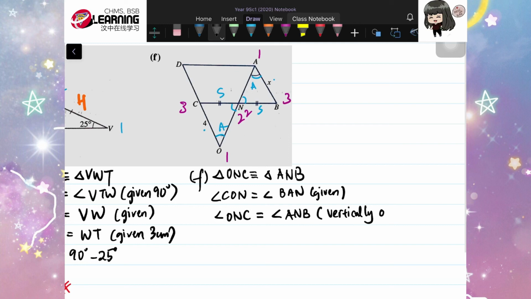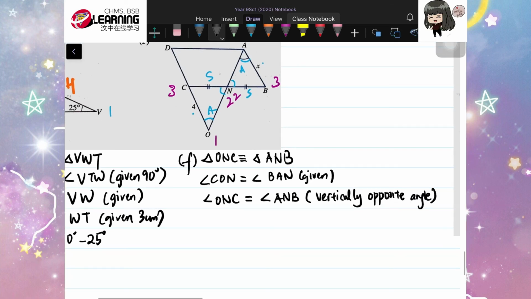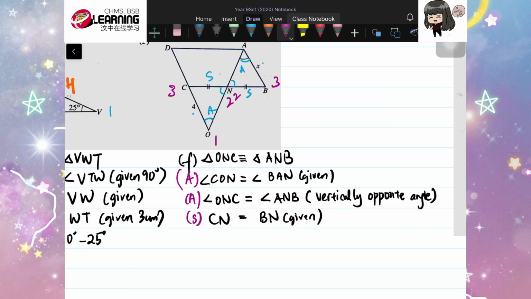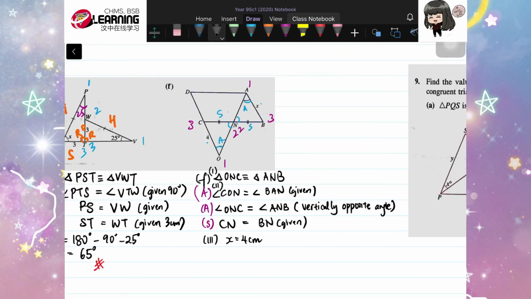Reason is vertically opposite angles. Okay, and then the last one is CN equals BN, given, same side. So this is angle side. Okay, first part, second part, third part. Therefore, we can say that our x is equal to 4 centimeter now.